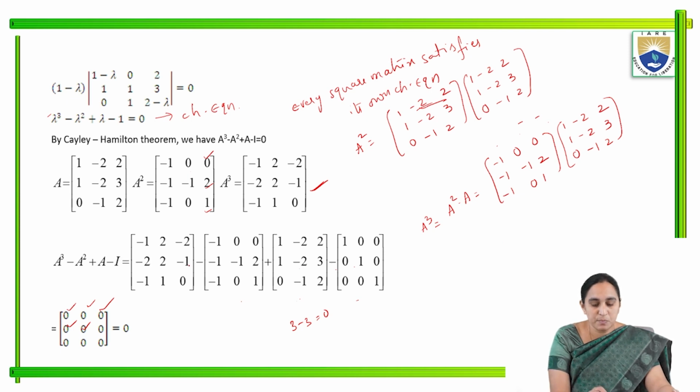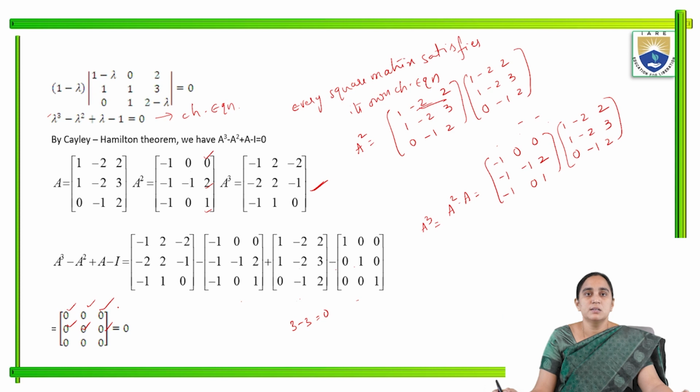Similarly, the last element: minus 1 plus 2, that is 1, and plus 3, and next minus 1 minus 2 minus 3 and plus 3, and 0. That is 0.